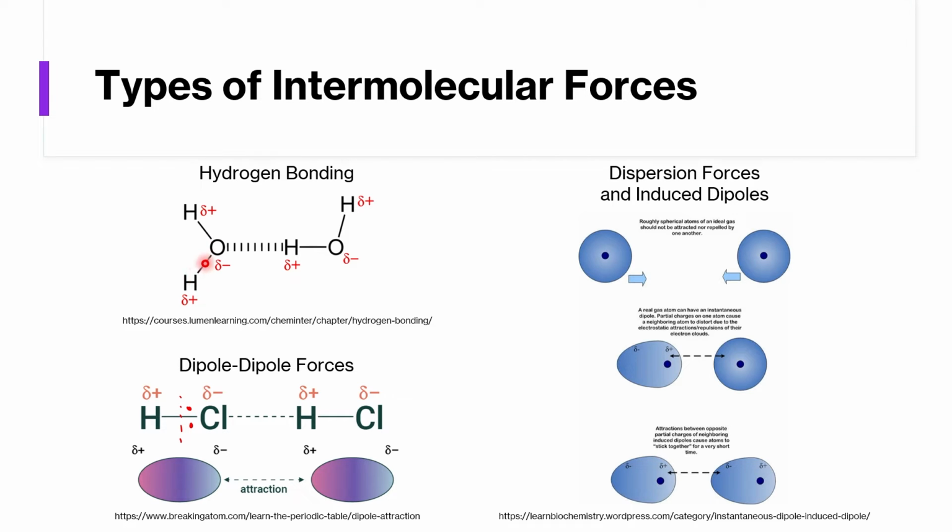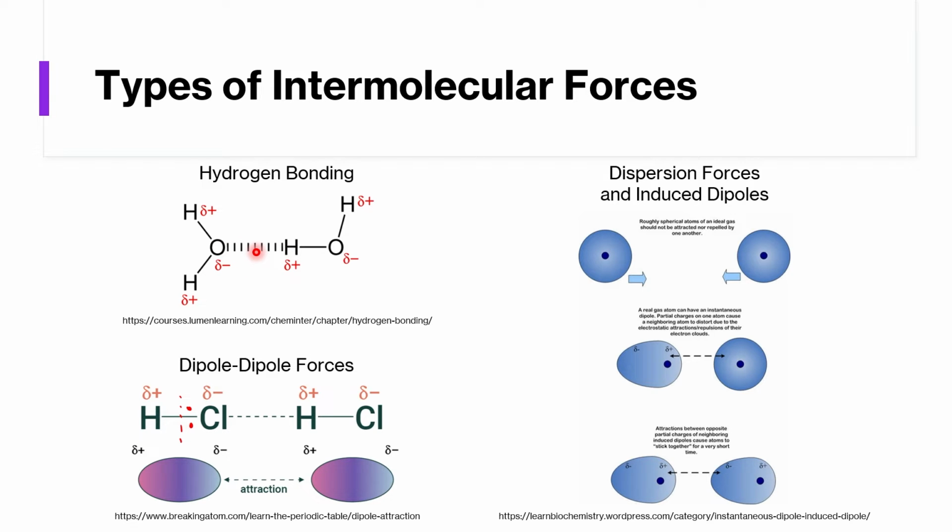What this means is that the partial negative and the partial positive are as large as they can be before we start to hit that ionic stage, and the attractive forces between molecules are therefore stronger as well because the sizes of these partial positives and negatives are large as well.